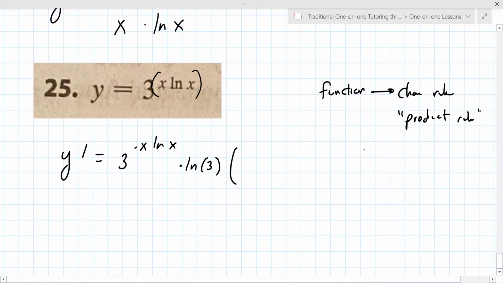But then you multiply by the derivative of x times natural log of x, the product rule there. And that's the same as before: x times 1 over x plus natural log of x times 1.